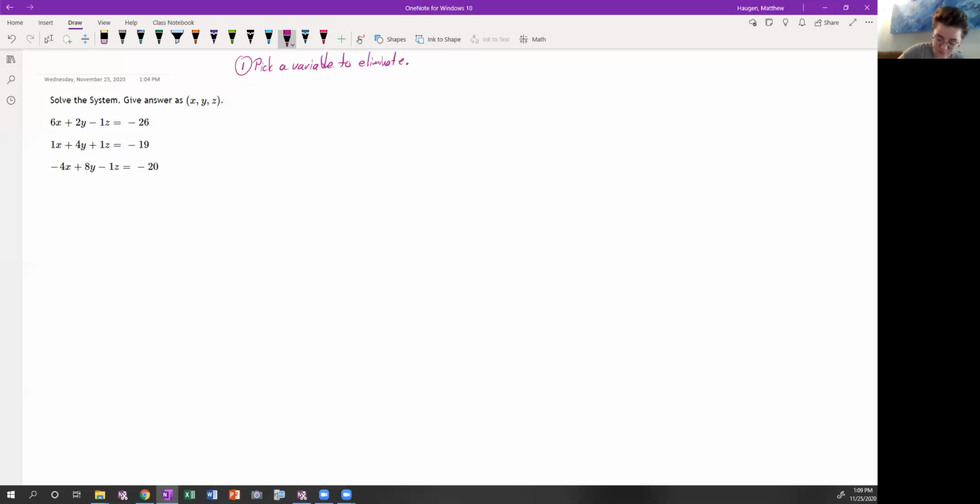Frankly, the ones on the z's, since they're all the same, that's probably where I would start. But let's start with the y's. Why not? It should work, right? So pick a variable to eliminate. You picked the y's.